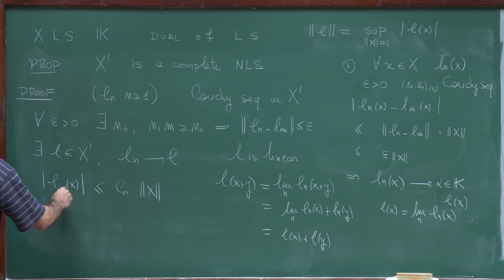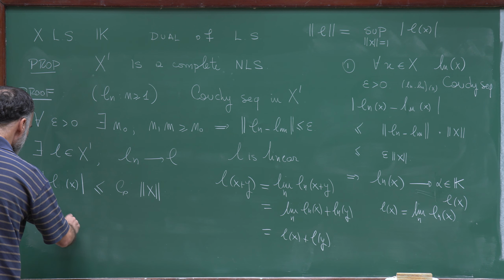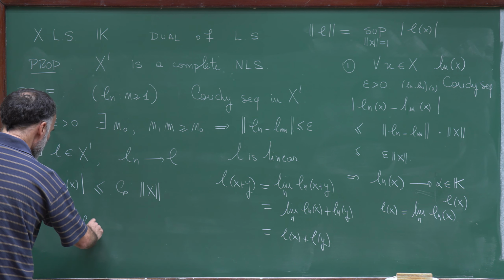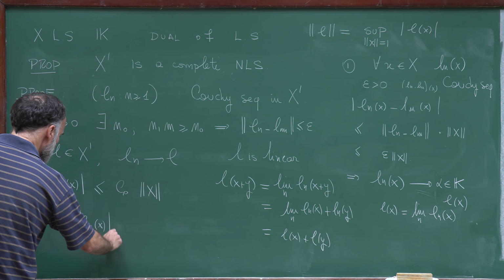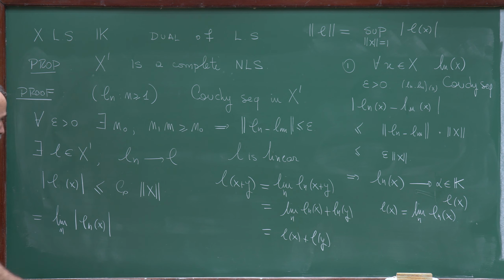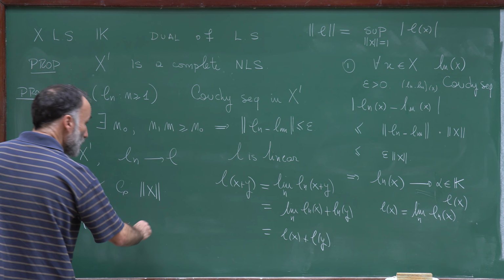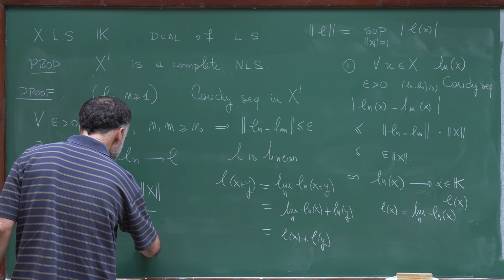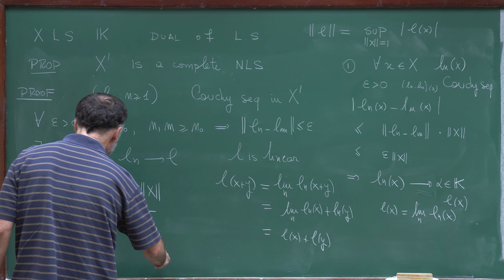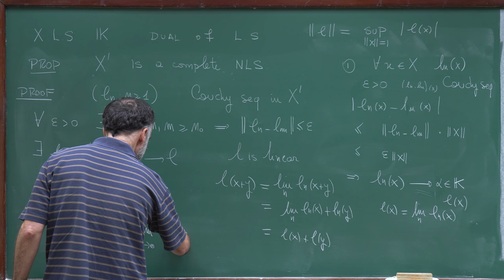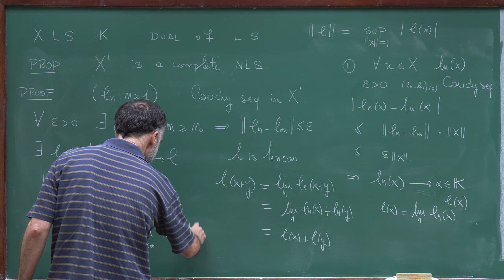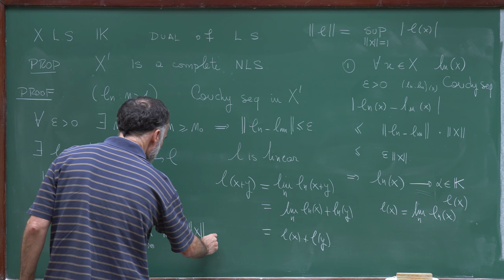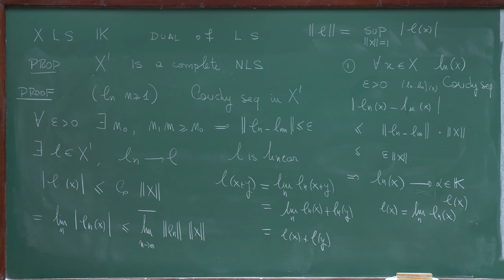But this, by definition, is the limit of Ln of x. Now, Ln of x, by the same bound I mentioned, is bounded by the limsup as n goes to infinity of the norm of Ln times the norm of x.